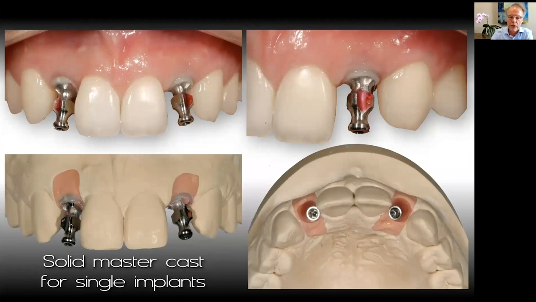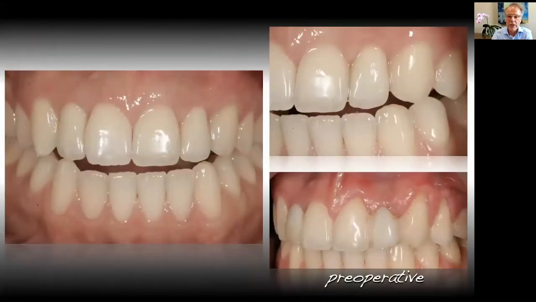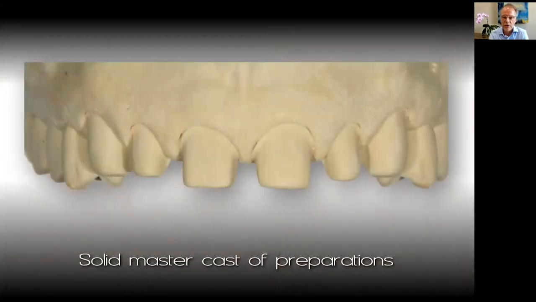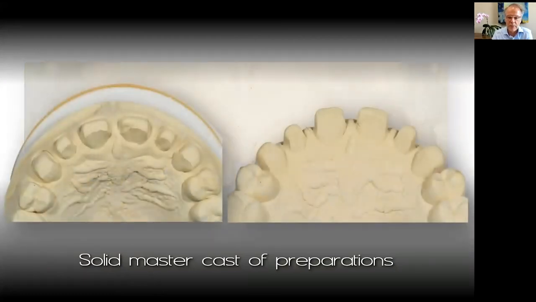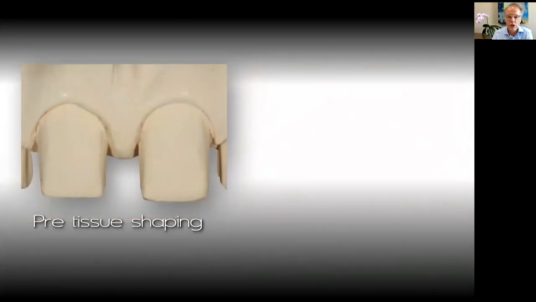And so we don't do that in our normal crown and bridge work, veneers and crowns and so forth. So there's other ways we need to communicate. And that's why maybe at times we have optimum tissue health around single implant restorations. So again, the solid cast represents the preparations and the tissue. The tissue is maybe 90–95% accurate.